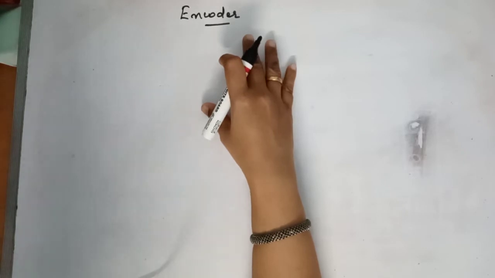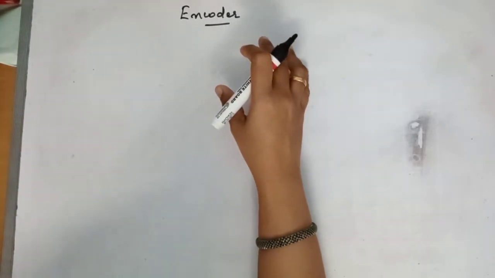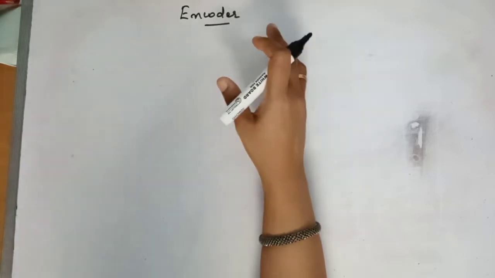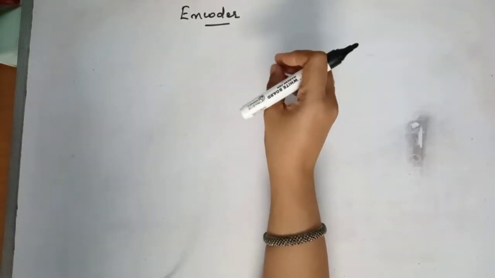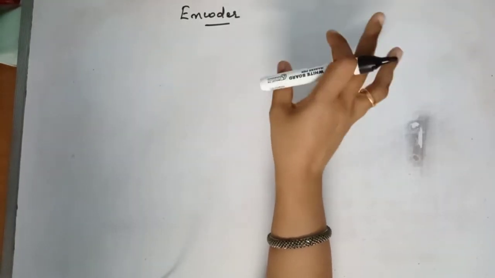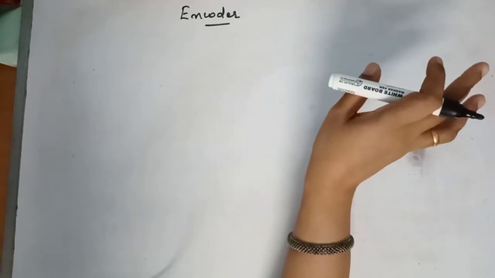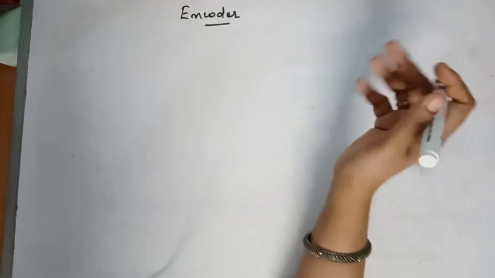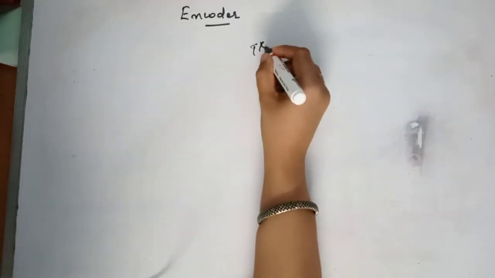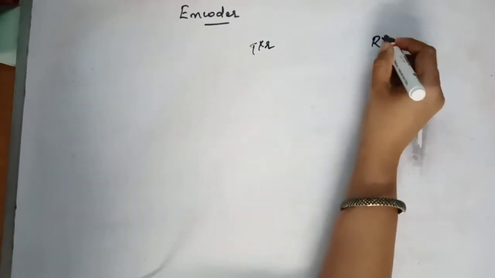We use the encoder in communication systems. So in order for secure transmission of data, instead of sending the data as such, you can code it and send it through a channel. Okay, and you have the transmitter and you have the receiver.